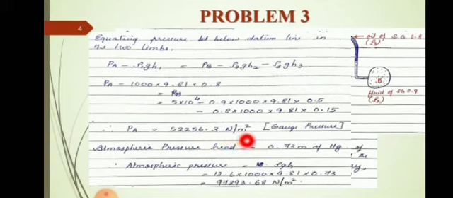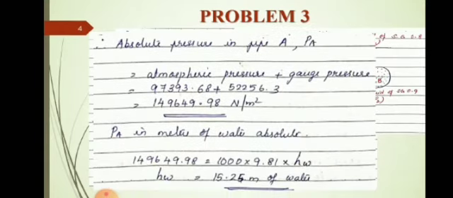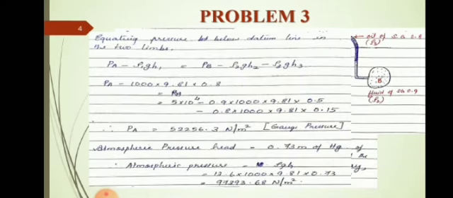52256.3 Newton per meter square. So this is the gauge pressure obtained. Now to convert it into absolute pressure, we have to add the gauge pressure and the atmospheric pressure. So for that, we have to find out the atmospheric pressure. In order to find out the atmospheric pressure, what is given?